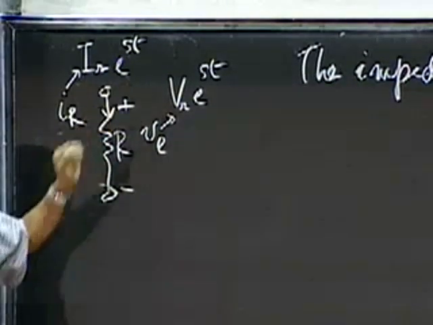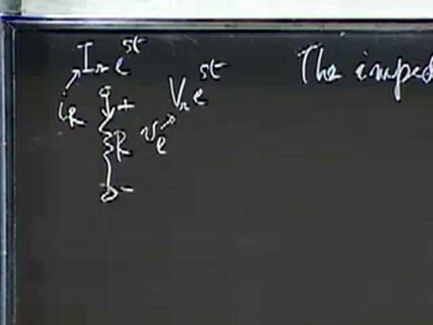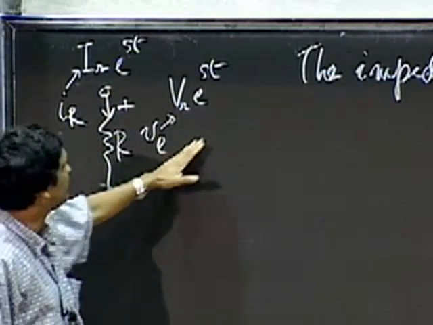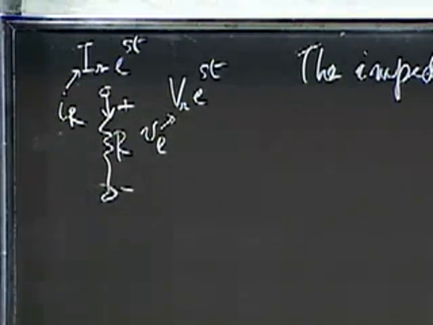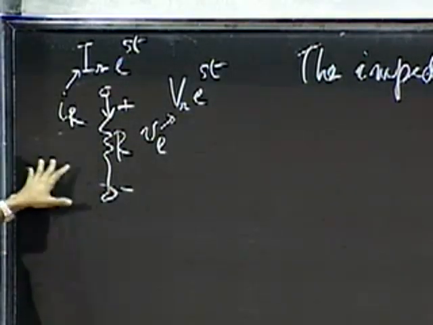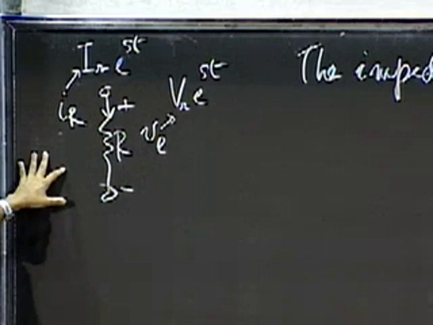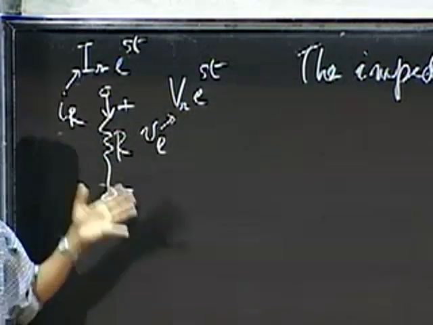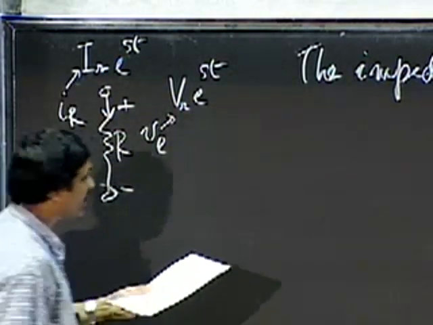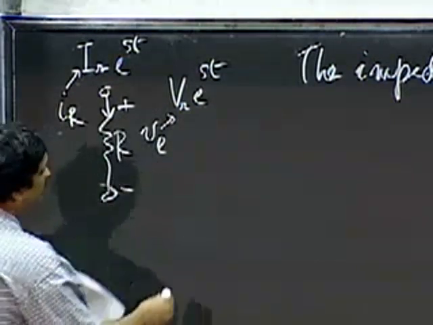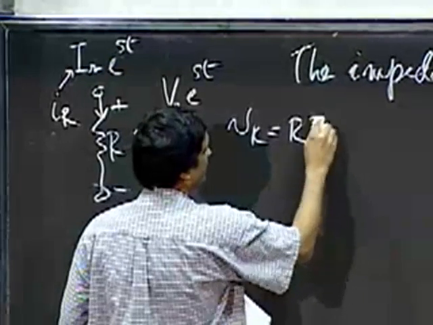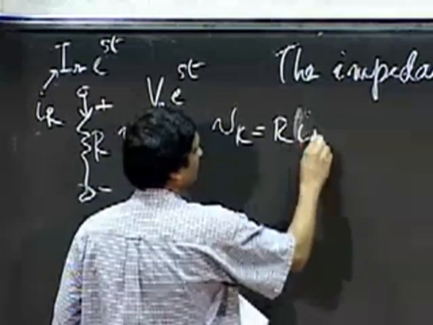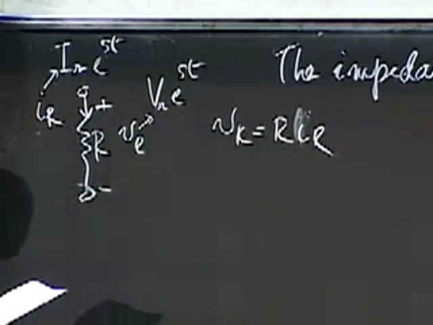So if my current is IR e to the st, and here's VR, I need to find out what relates VR and IR for the element relationship for the resistor to hold. In general, IR and VR are complex numbers. For the resistor, I know that VR is simply R IR.